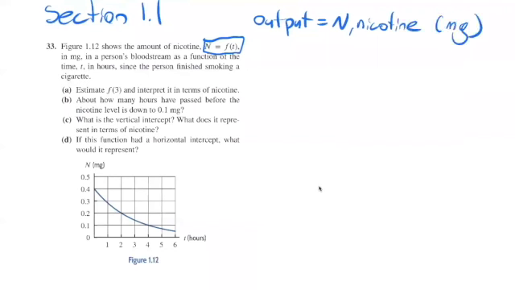Again, paying attention to the units is really important. And then the input here is the variable t, which, we want to be clear, has units of hours since finished smoking.